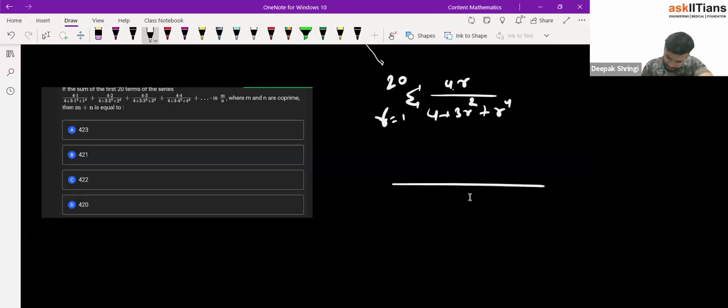Let's think. If I write r square plus 1 whole square, that is r power 4 plus 2r square plus 1, then r square plus 3 will remain, right? Correct. But that will not be fine for us. We will not be able to solve the sum by that. We have to think of something else, so let's think.